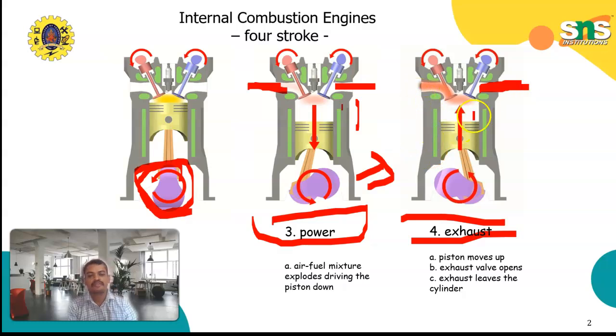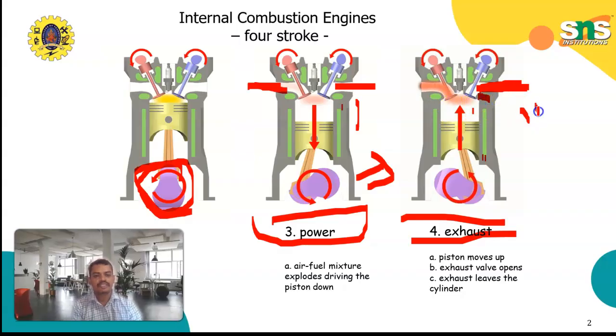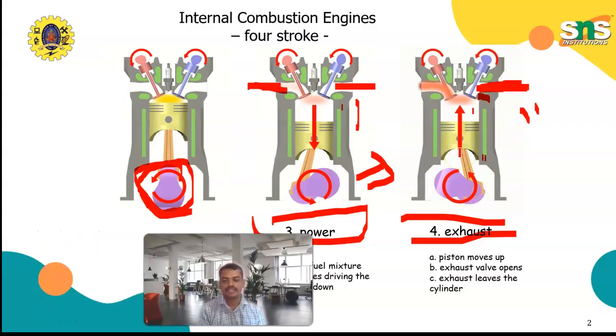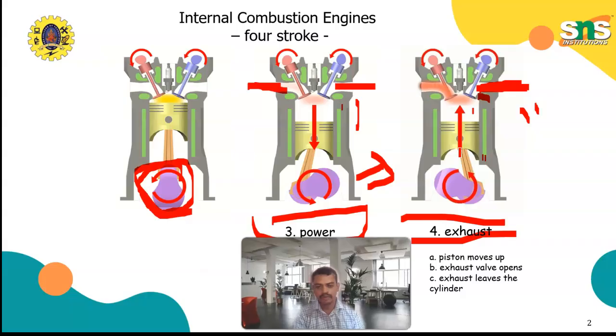The burnt and unburnt gases both go outside when the piston moves from BDC to TDC. Again it reaches the TDC, and the cycle starts from the initial stage, that means the suction stroke. These are the functions of the 4-stroke petrol engine.